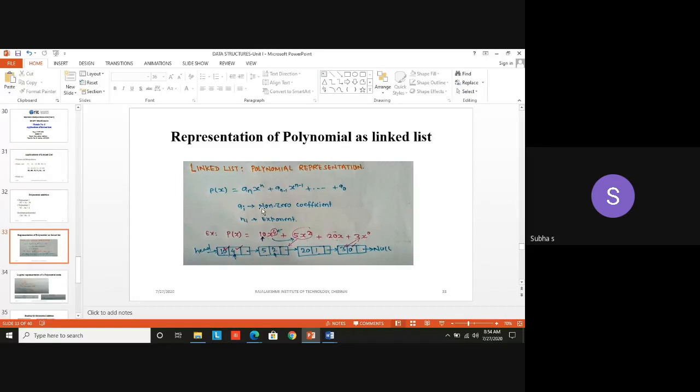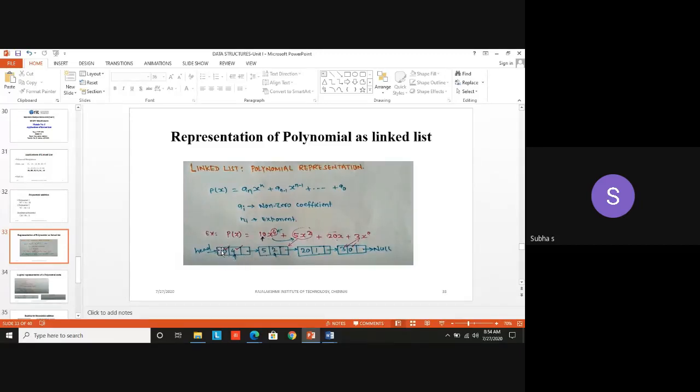I have given one example. P(x) equal to 10x power 4 plus 5x square plus 20x plus 3x power 0. Now look at it carefully. I have mentioned this entire polynomial in terms of a linked list. I hope you are able to see this one.